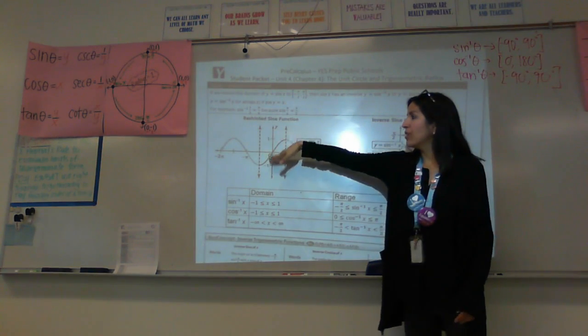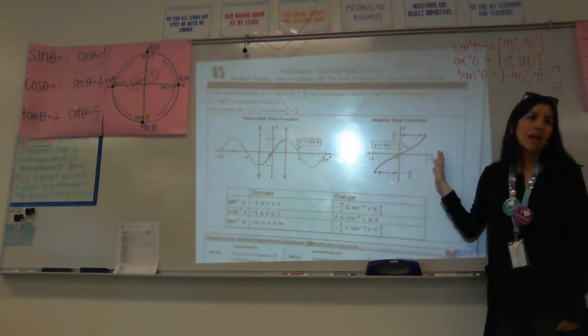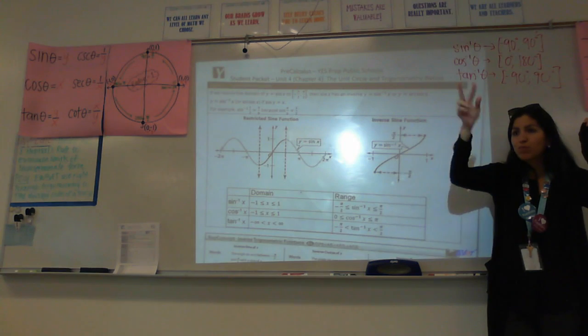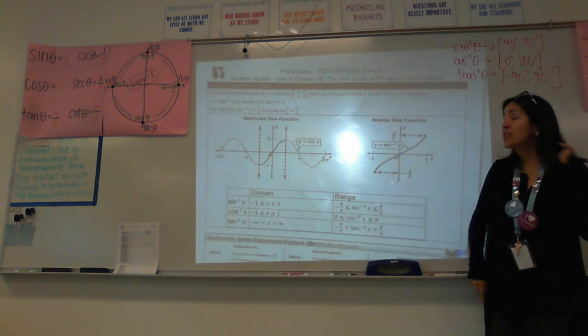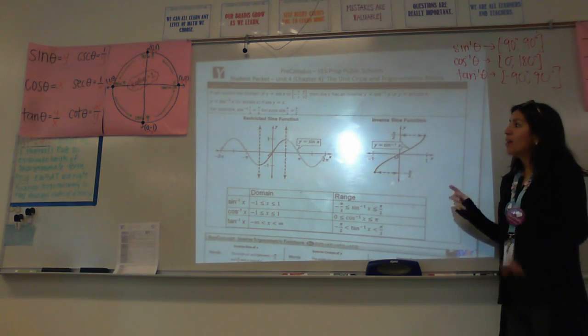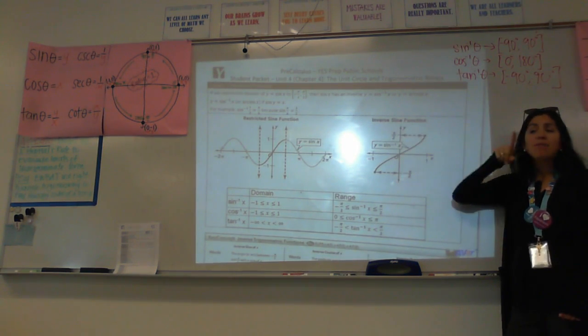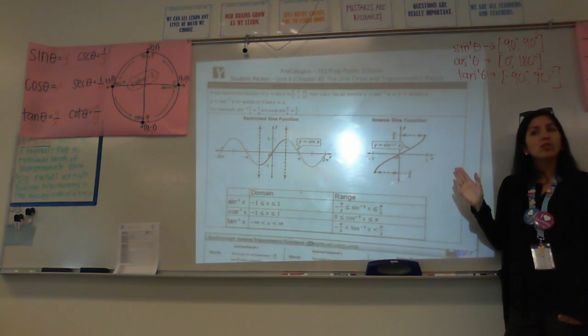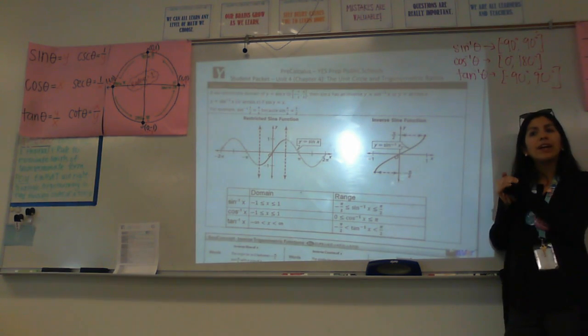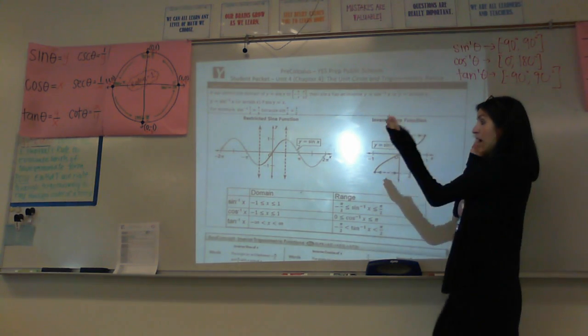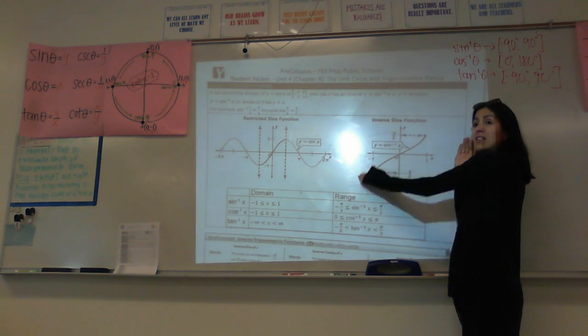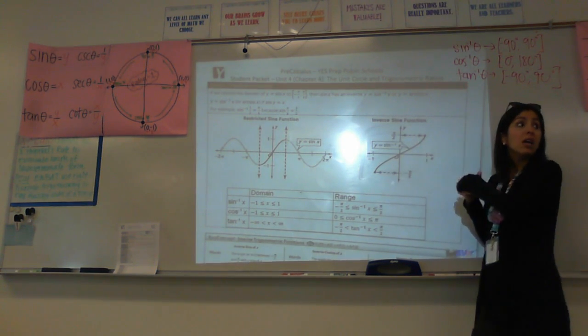The range of the original becomes the domain of the inverse. Everything just flips. So what this means is that now moving forward, when I use inverse sine, I'm not going to have infinitely many solutions like what we saw in that original activity. Because the inverse sine function is only going to exist in this small window right here.